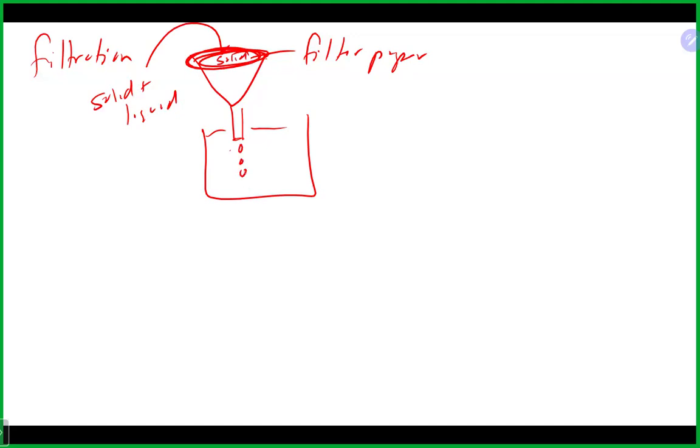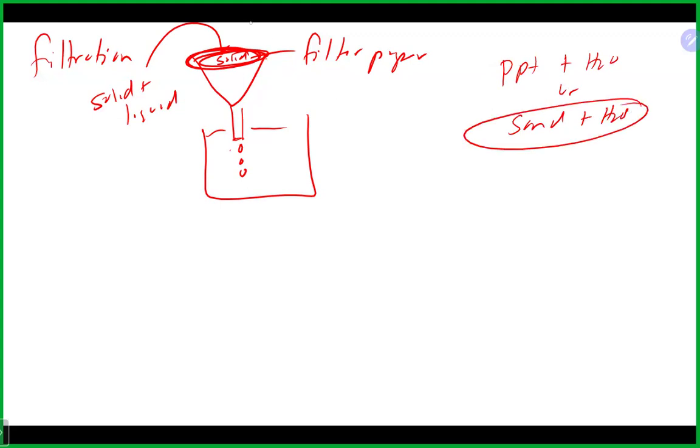The liquid would go through there. So, for example, when you had a precipitate with water, or if you had sand and water. So if you took sand and water, you would put it through the filter, the sand would get trapped up on top, the water would come through, and now we have separated out that mixture pretty easily.